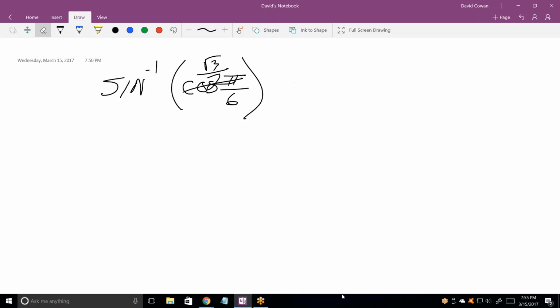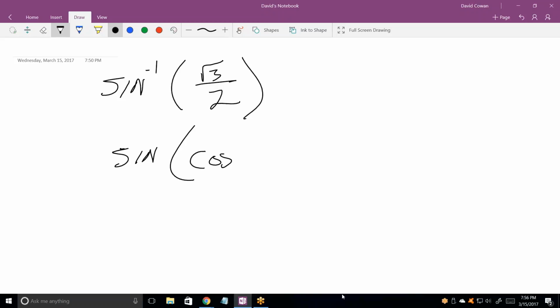In other words, we can actually figure out what the cosine of pi over 6 is, write that number in, square root of 3 over 2, and now we're just taking the inverse sine of square root of 3 over 2. So the fundamental difference is that when I've got sine of inverse cosine, I can solve it without figuring out the angle.